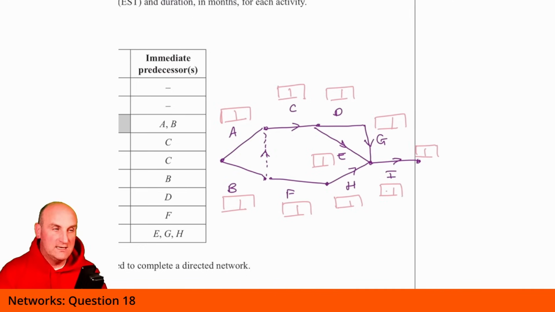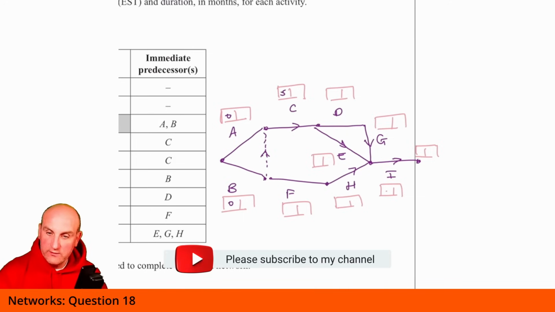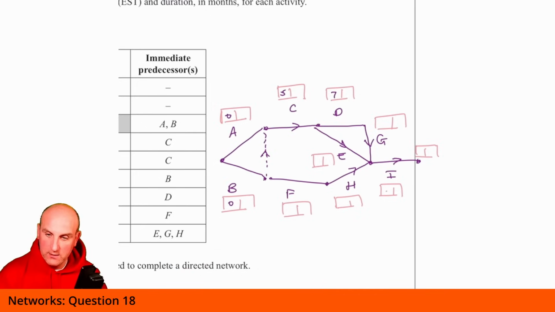Now, I know you can't see it at this moment in time, but I'm going to put in my earliest start times from my table. So my earliest start time of A was 0, B was 0, C was 5, D was 7, E was 7, F was 5, G was 14, H is 8, and I was 18.